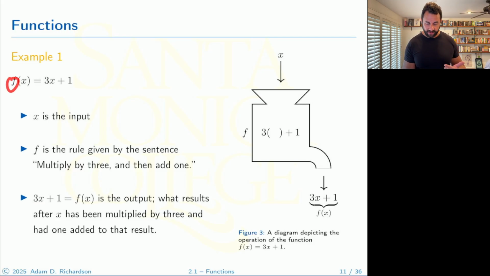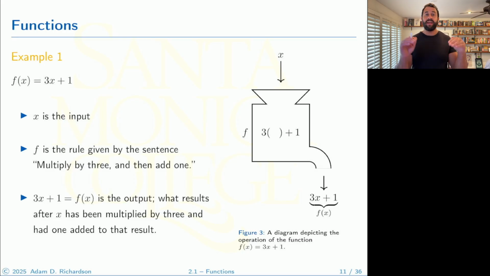When you see that letter f, I want you to think of it as this sentence. Whatever you put into that box, it multiplies it by 3 and then adds 1. That is f. Then 3x plus 1, which is equal to f of x, is the output of the function.